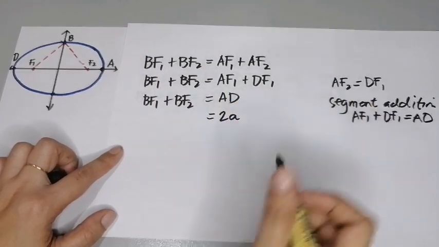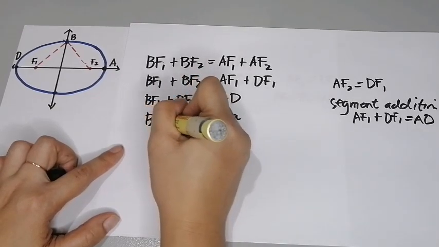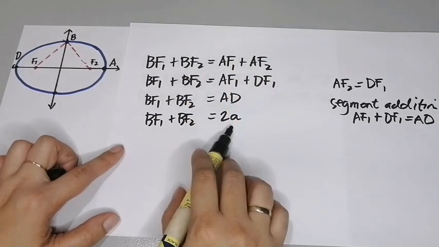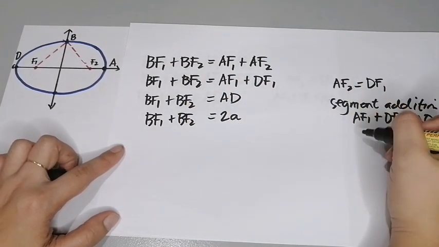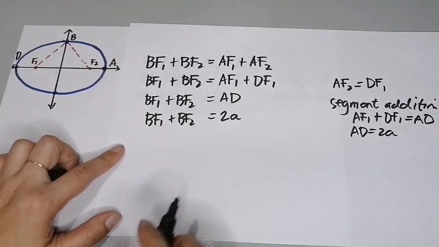So by substitution, BF sub 1 plus BF sub 2 is equal to 2A.